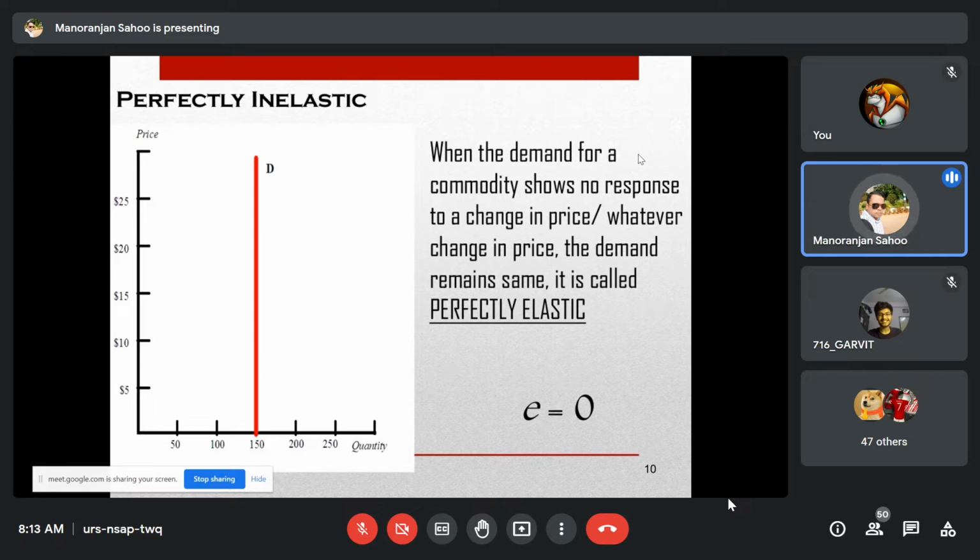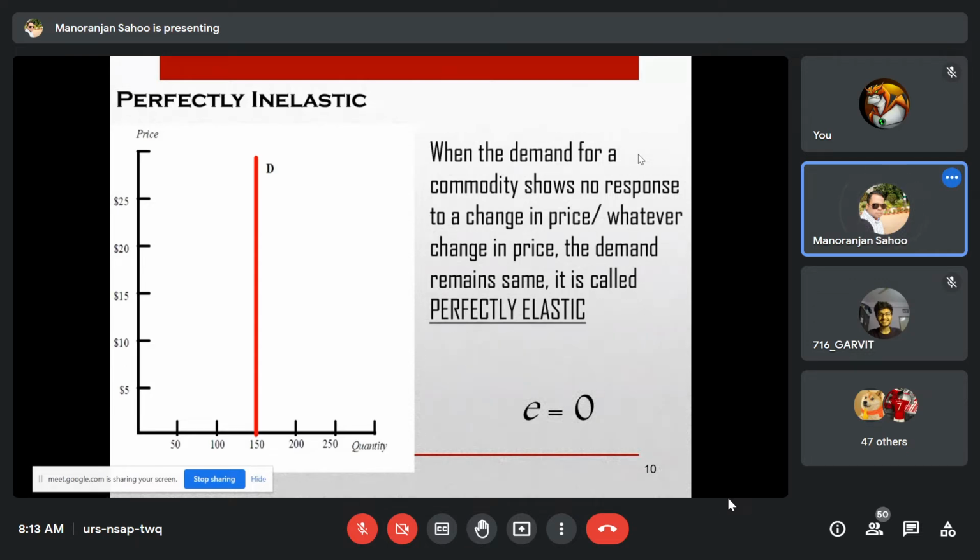Perfectly inelastic demand means the responsiveness of quantity demanded to change in the price is zero. Whether the price is increasing or declining, when the quantity demanded does not change, it is called perfectly inelastic demand. In this case, the elasticity value will be equal to zero.